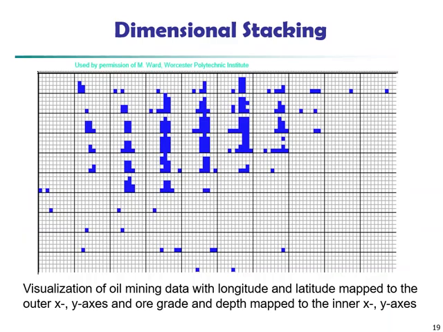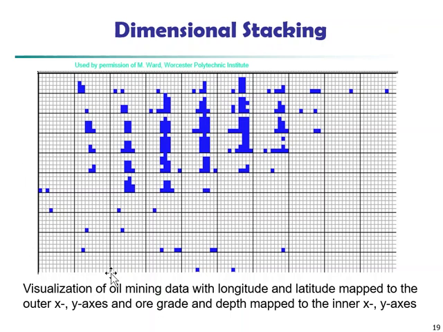This is one example using dimensional stacking. This is a very intuitive way of using dimensional stacking, because the first pair of attributes or dimensions used to partition data is actually the longitude and latitude coordinates. This visualization shows different mines, oil mines, distributed across the globe.